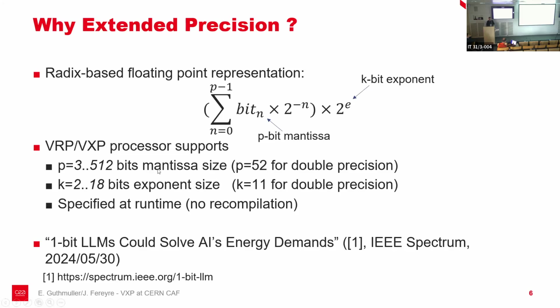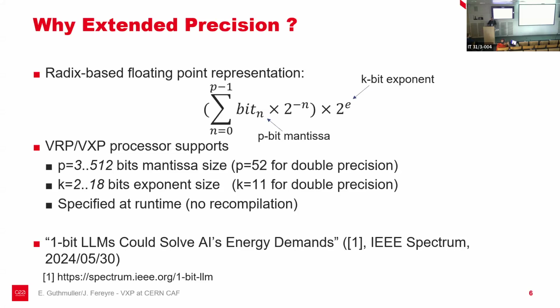Our processor supports from 3 to 512 bits of mantissa, so much bigger than double, and also a bigger exponent, up to 18 bits. The idea behind our work is to specify this at runtime. We don't want to recompile the application when we change the precision. So we want the same type, whatever the precision.